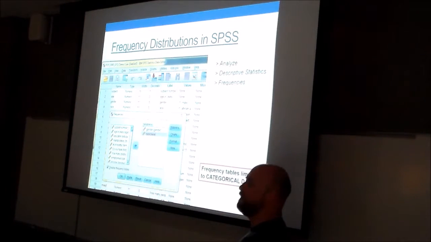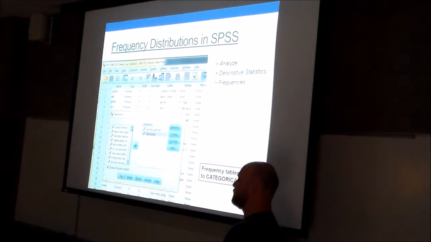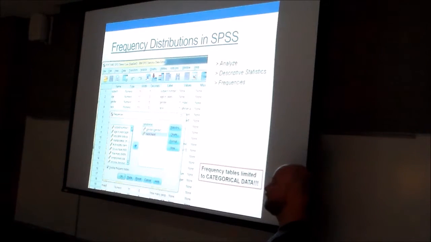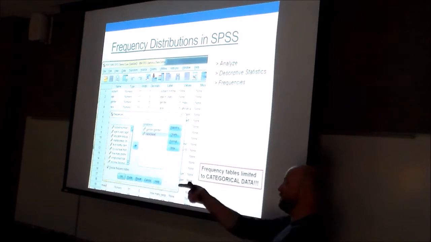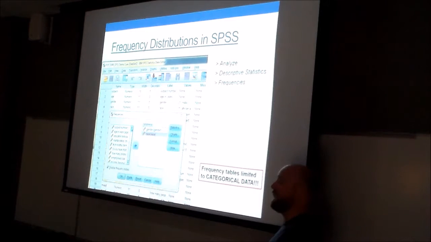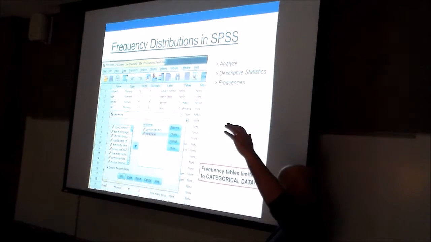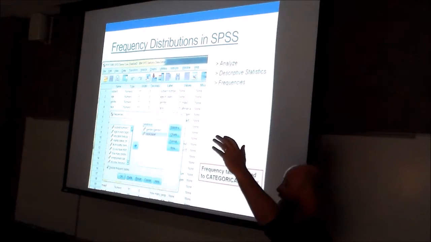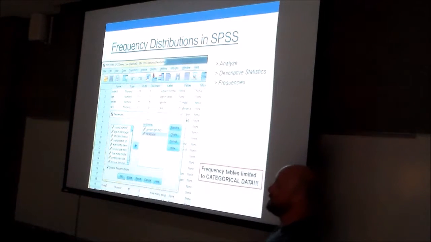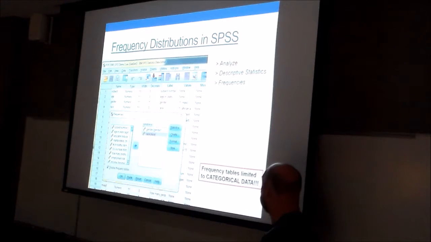If I've got overall wellness ratings on 0 to 100, and you ask SPSS to give you a frequency table for that, what's your frequency table going to look like? Yeah, it's going to be long, right? Everybody who entered 53 is going to have a line, and so on and so forth. So just be careful about what you're requesting there.